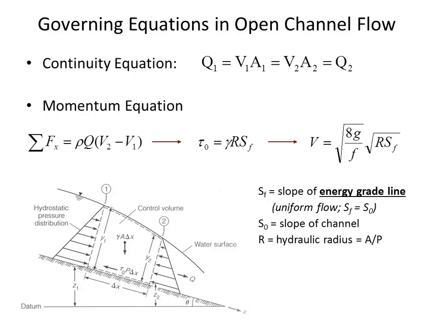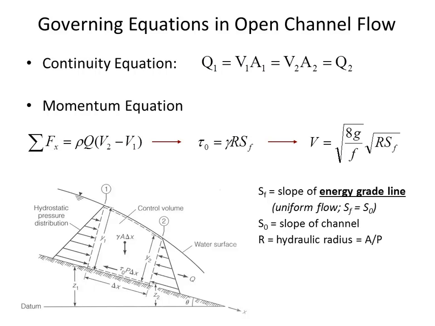So there's the slope of the energy grade line, then the slope of the water surface, and then the slope of the channel. So 3 slopes that we have to be aware of. In uniform steady flow, all 3 of those slopes will be equal to each other: the slope of the water surface, the slope of the channel, and the slope of the energy grade line.